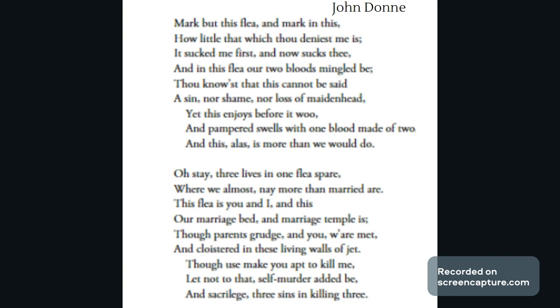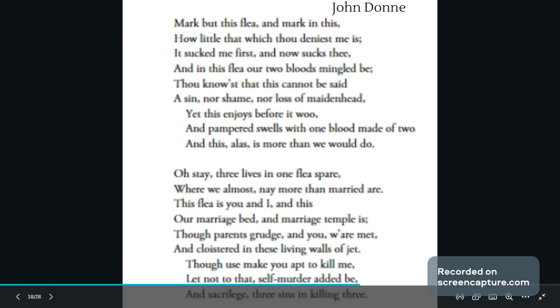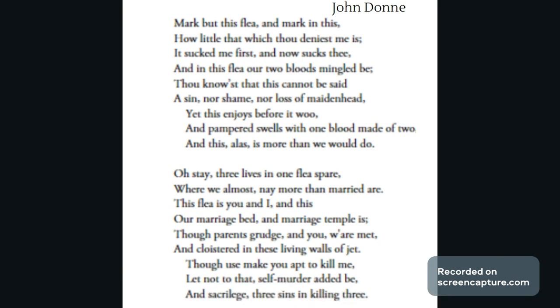And the flea has become their marriage bed, and so it's a statement of metaphor.